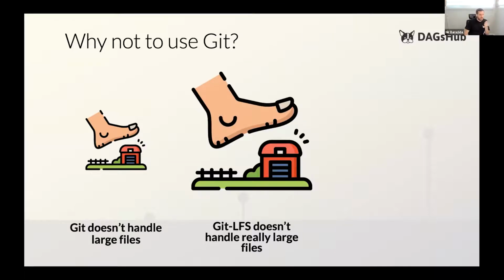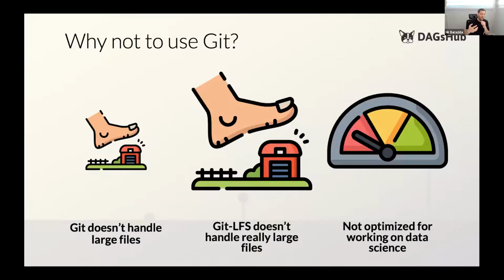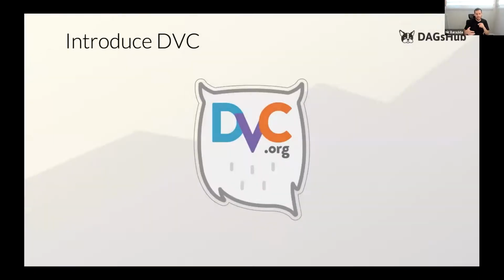In addition, both Git and Git LFS are missing a lot of core capabilities that we need as data scientists, such as providing and reproducing a pipeline, importing files or data sets from different projects, etc. To overcome this problem, a lot of powerful tools and platforms emerged in recent years, such as MLflow that also supports versioning of large files, Pachyderm, LakeFS, Delta Lake, you name it, they provide it. And the most commonly adopted tool in the industry today would be DVC as an open source tool.